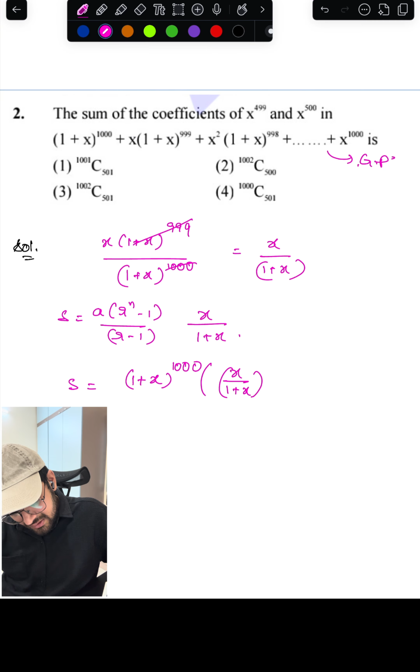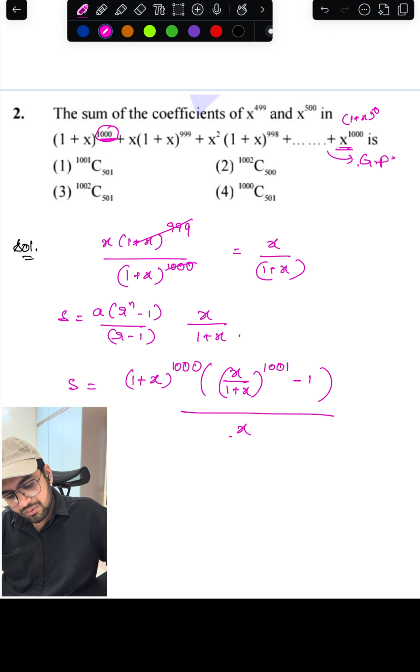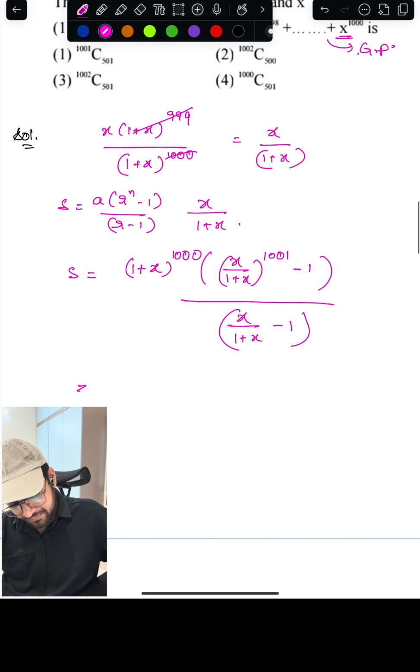So the common ratio is x by 1 plus x. How many terms are there? Here (1 plus x) whole power 1002, and here (1 plus x) whole power 0 we can assume, right? So that means 1001 terms are there, so (x by 1 plus x) power 1001 minus 1, by x by 1 plus x minus 1, right?